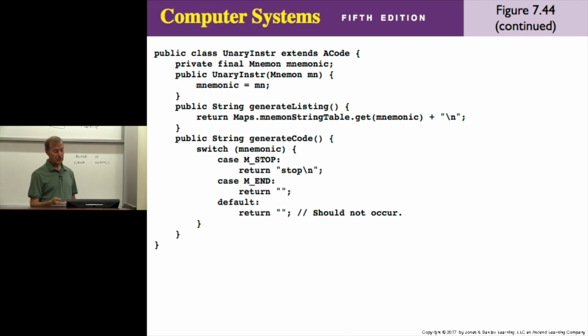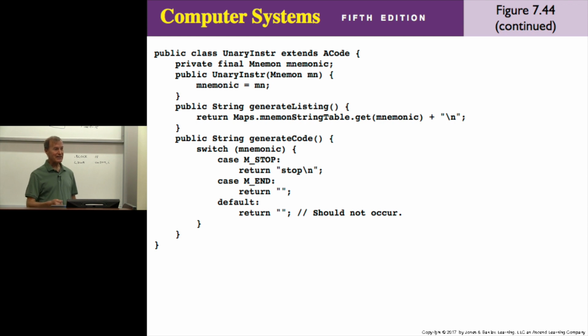So check this out. We have a mnemonic, right? We have public unary instruction, that's the constructor, like the usual constructor. And now what is our generate listing? Return what? Maps dot mnemonic table dot get what?